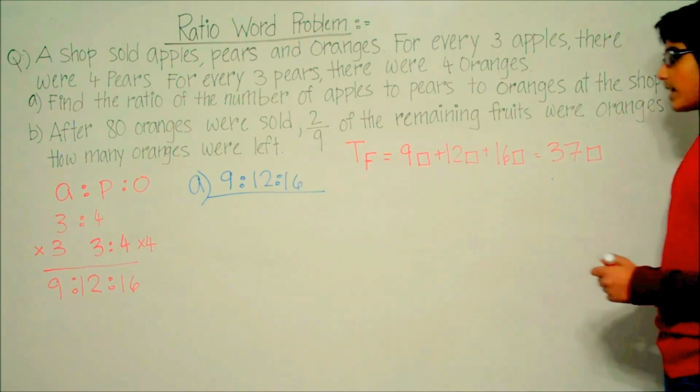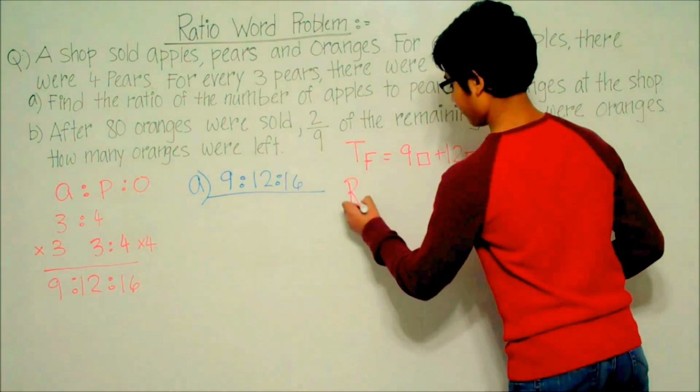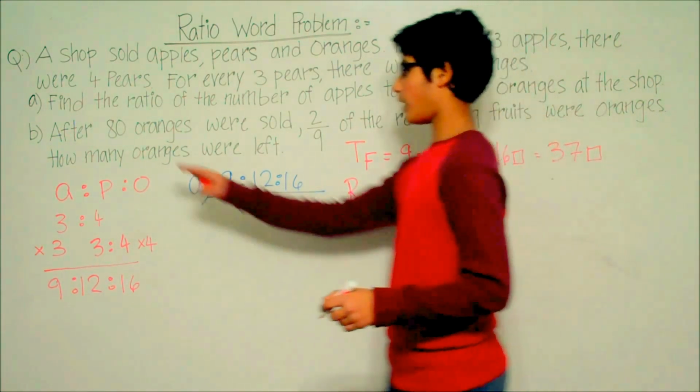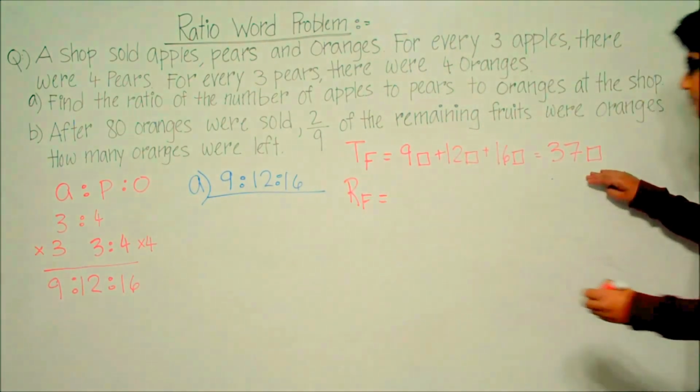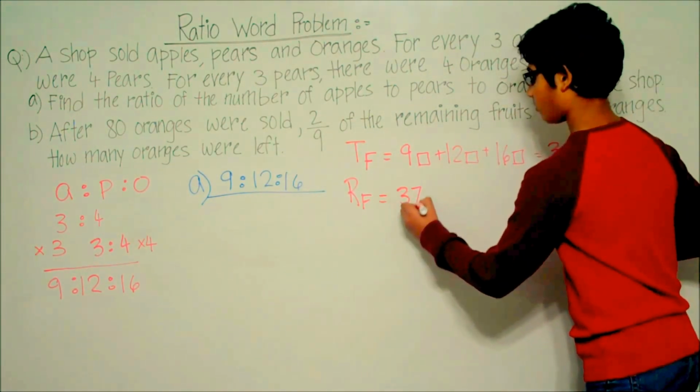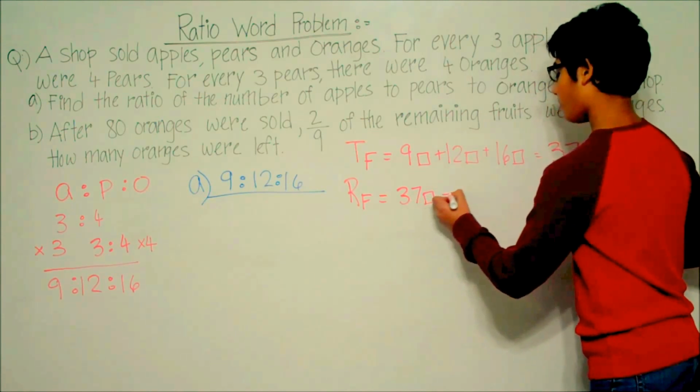So this means that the remaining fruits, after the 80 oranges were sold, are equal to 37 units minus 80.